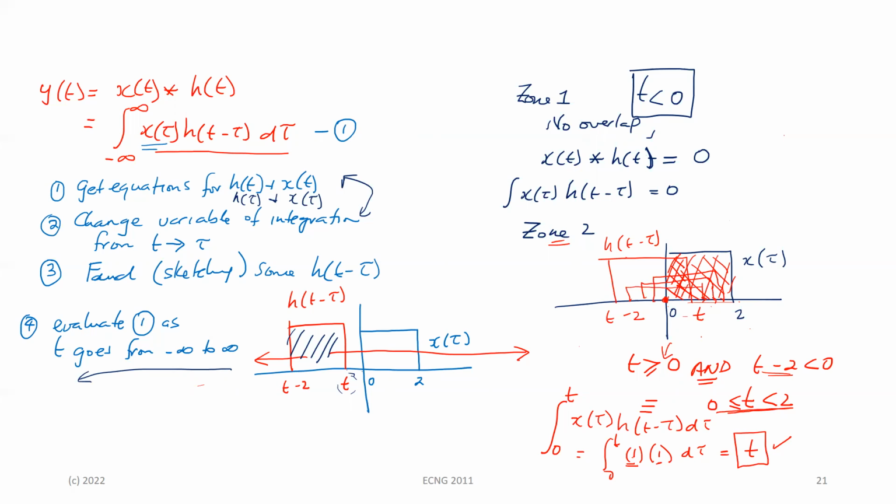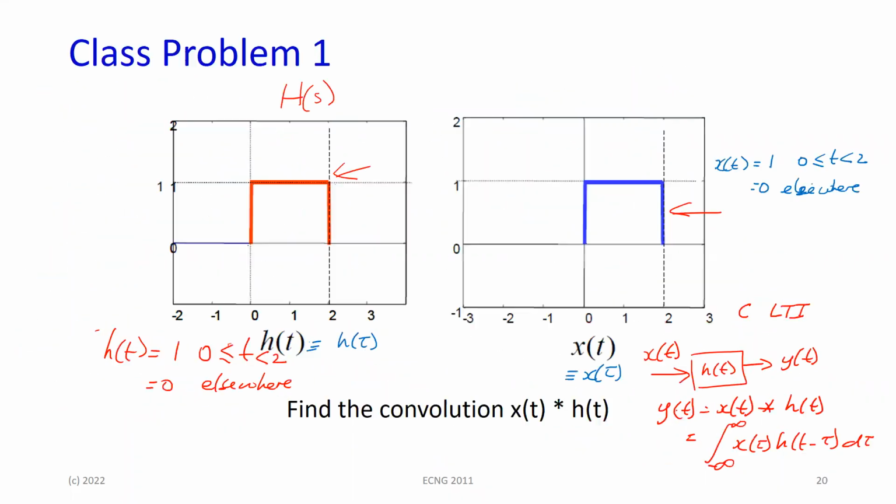The thing you have to be aware of is how to identify the zones of overlap. One of the functions is fixed, the other one is moving.